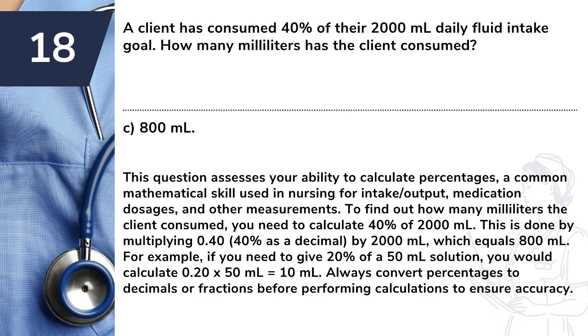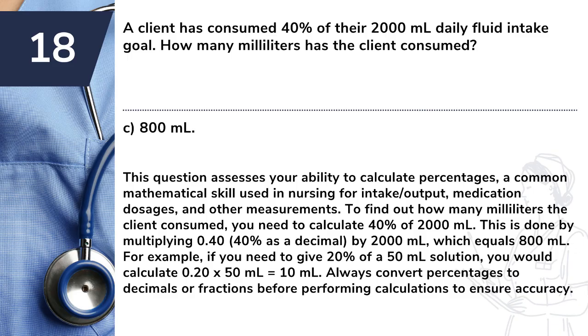Answer: C. 800 milliliters. This question assesses your ability to calculate percentages, a common mathematical skill used in nursing for intake/output, medication dosages, and other measurements. To find out how many milliliters the client consumed, you need to calculate 40% of 2,000 milliliters.